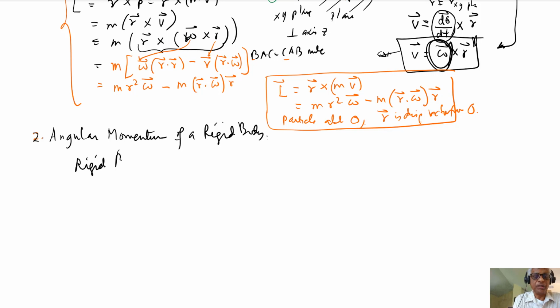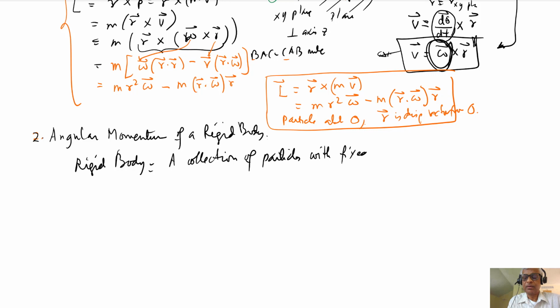A rigid body is a collection of particles with fixed relative positions.